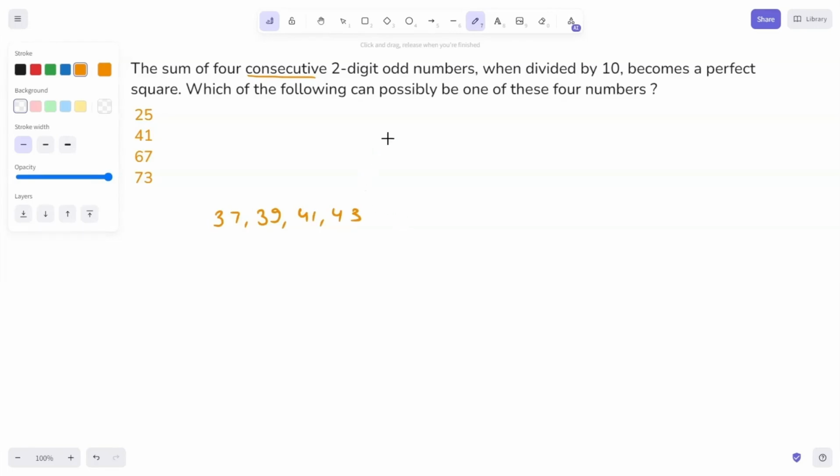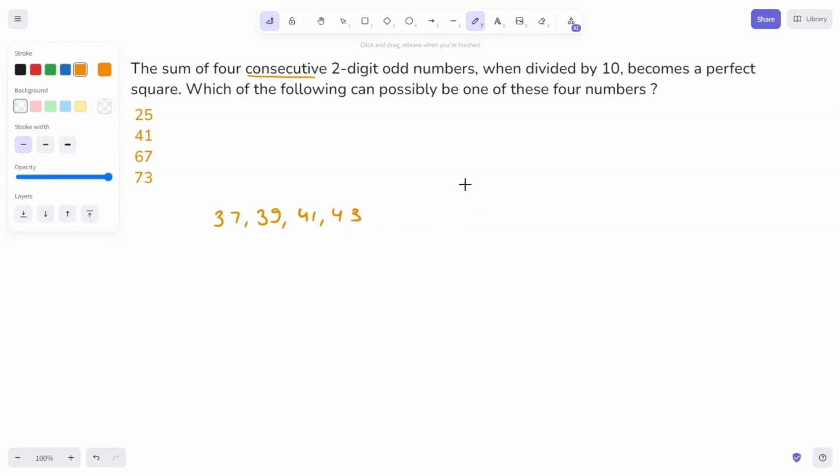Which of the following can possibly be one of these 4 numbers? It means you have to find those 2-digit consecutive odd numbers, one of which is placed in the options. So we have to find that particular option. So 37, 39, 41, 43.